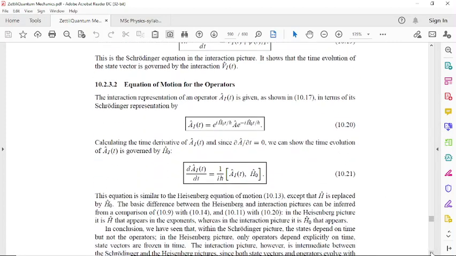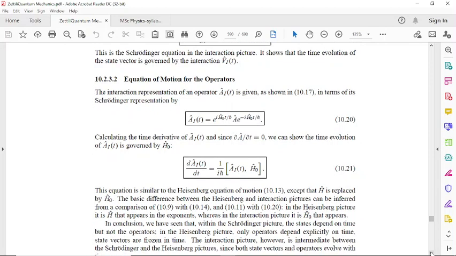Then the equation of motion of the operator. The interaction representation of the operator A_I is given in terms of the Schrodinger representation, which is equal to e power i H0 t by h cross A e power minus i H0 t by h cross, and we can show that d by dt A_I of t is equal to, differentiating this expression with respect to time t, as this is the first function and this is the second function, dou A_I by dou t is equal to 0.